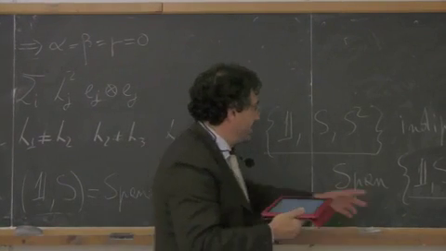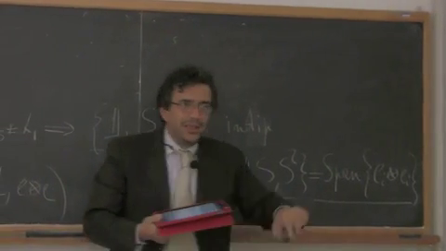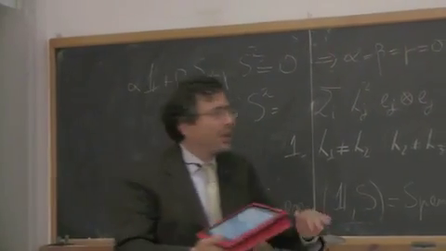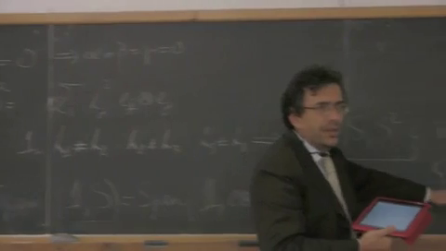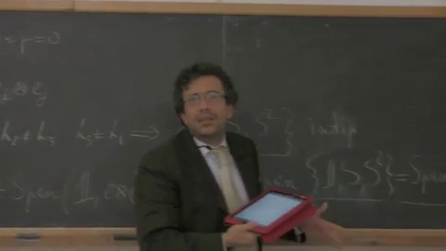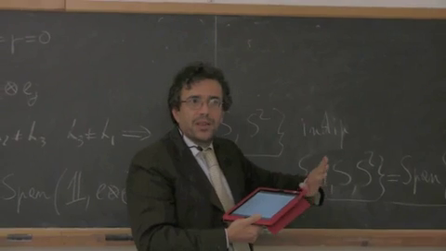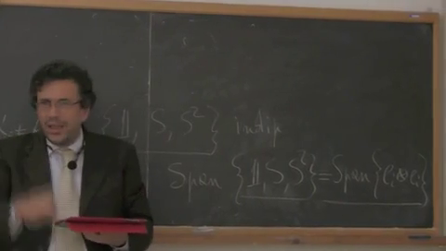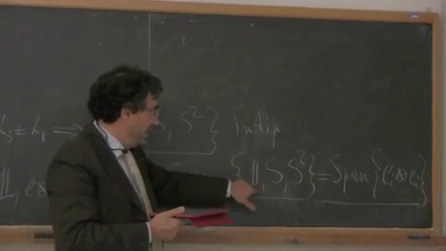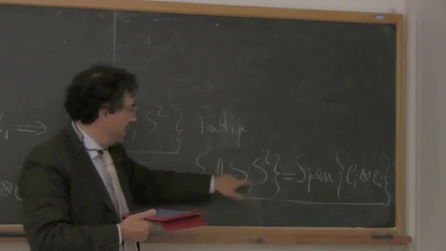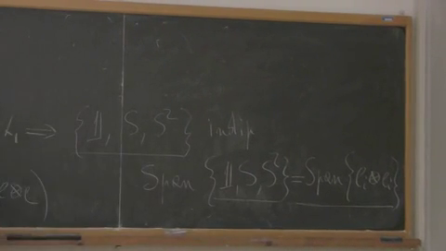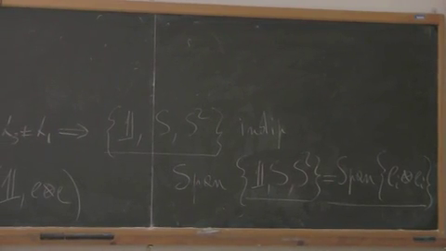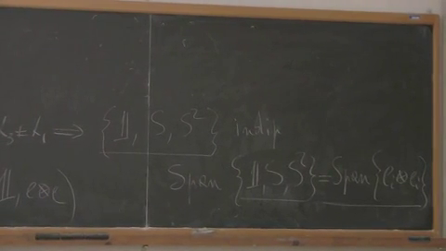So if you have a three-dimensional space and you find three vectors in that three-dimensional space which form a set of linear independent vectors, you are sure that these three form a basis. So we don't need to do the opposite calculation. So we do not need to prove that E1 tensor E1 can be written as a linear combination in terms of 1, S, and S squared, because the general theorem valid for vector spaces is assuring us this.